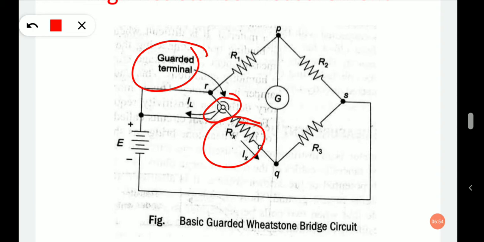So here you can see the guarded terminal. However, it is equally applicable on any internal part of the bridge which suffers leakage. The other end of the guard wire is directly connected to the source battery terminal.